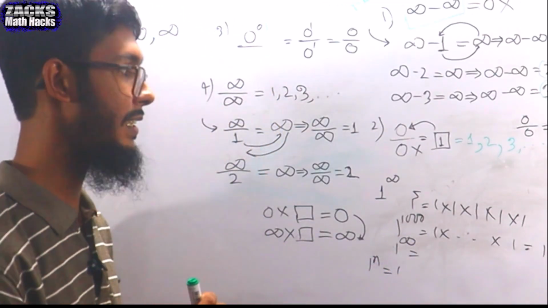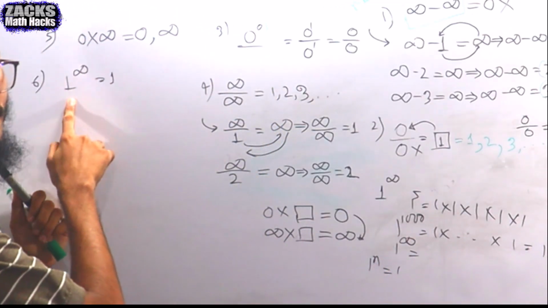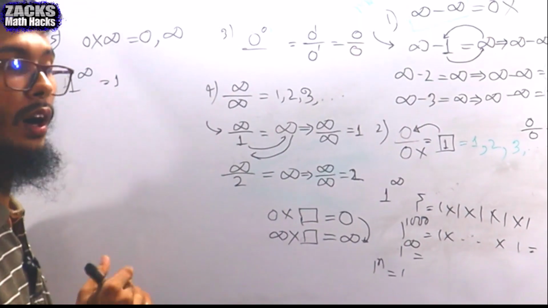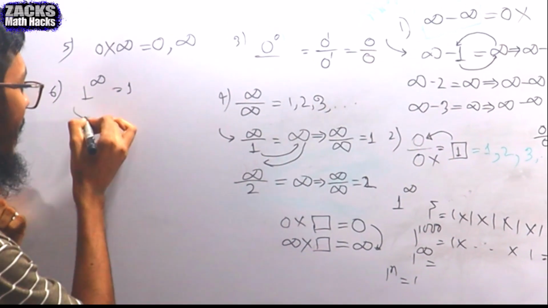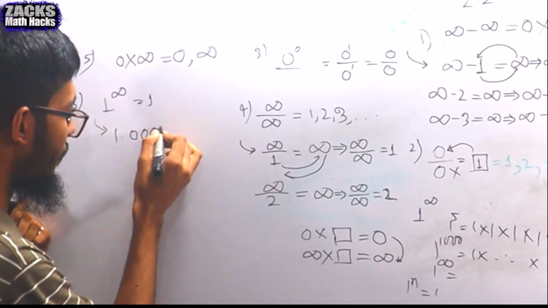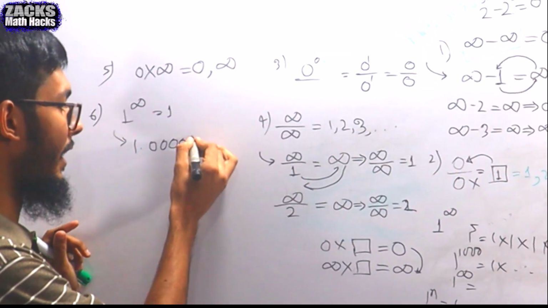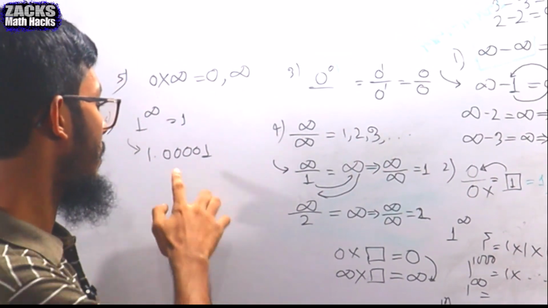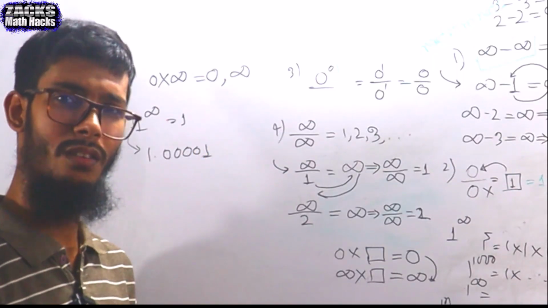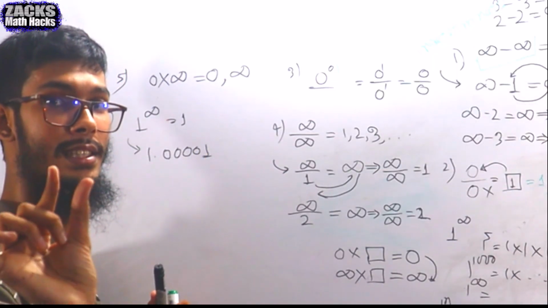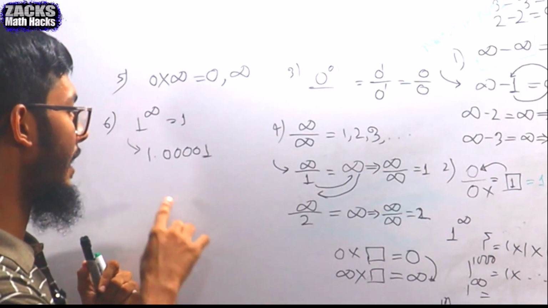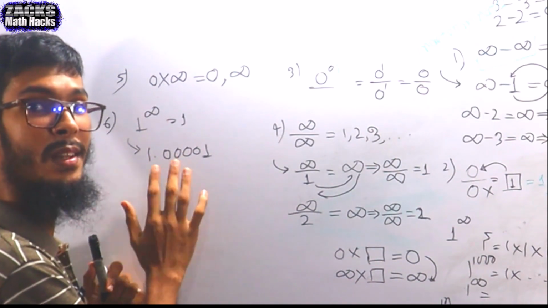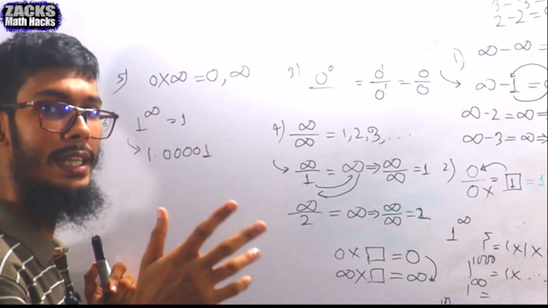But in mathematics, the base is not always 1. For example, the base may be 1.00000001. You would say only one. So just focus on this: the base is not exactly 1, but equivalent to 1.